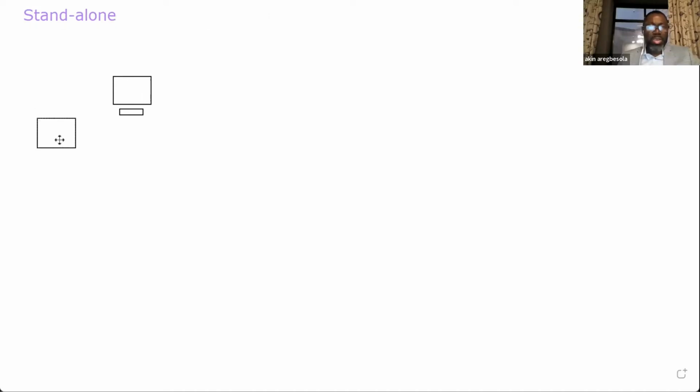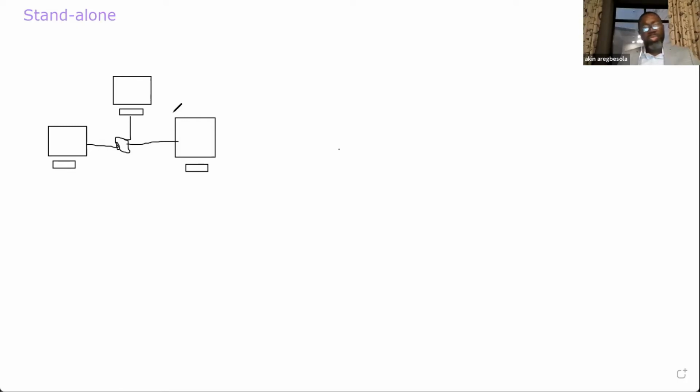We mean that there should be at least one other computer there, maybe two, or maybe even three, so that these computers are connected together. All right. So when you have computers 1, 2, 3 connected together, let's say you are using a cable to connect, and then you run a cable from this computer, and then you run a cable from this computer. When these three computers are connected together, then you see that you have a network.